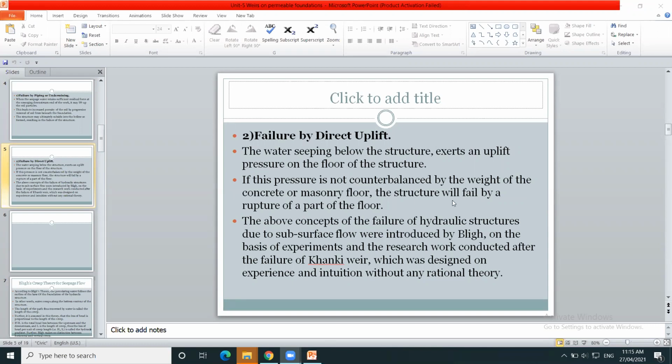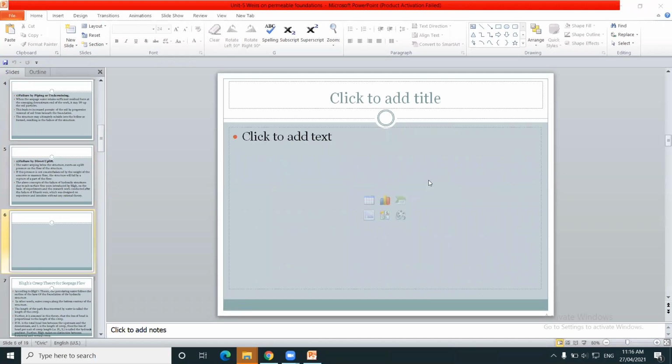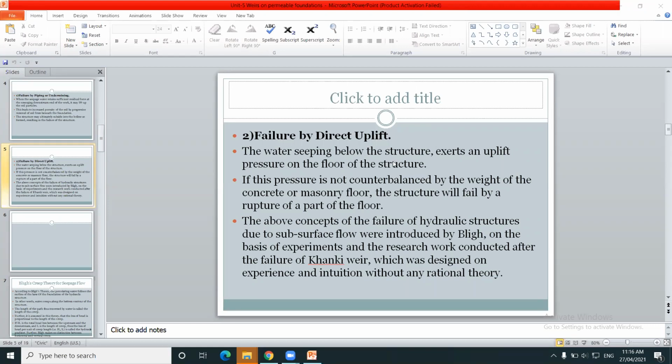The structure will fail by rupture of part of the floor. This is a failure by direct upward pressure.